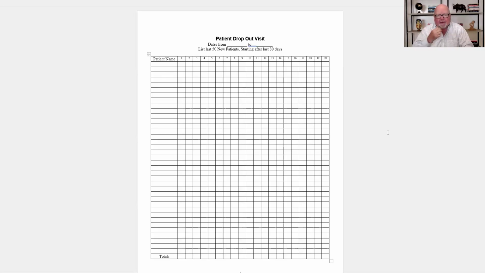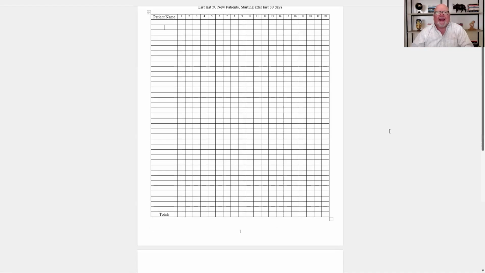Now, how do you interpret it? Well, you come down to the bottom and you add up. Come down to day 1. Add up day 1. How many in day 1 did you lose? And then look at it from a percentage standpoint. So if you had 50 people and you lost 5, that's 10%. 5 out of 50 is 10%.